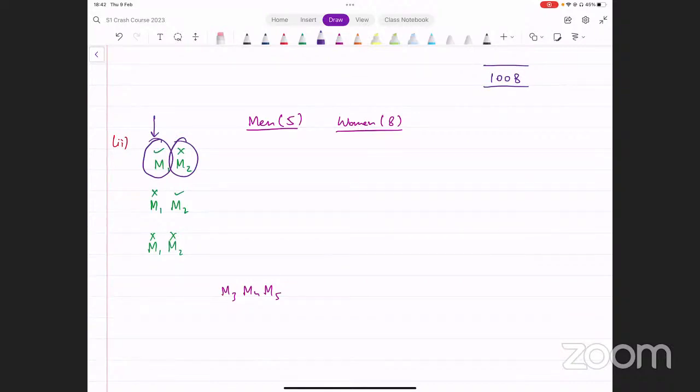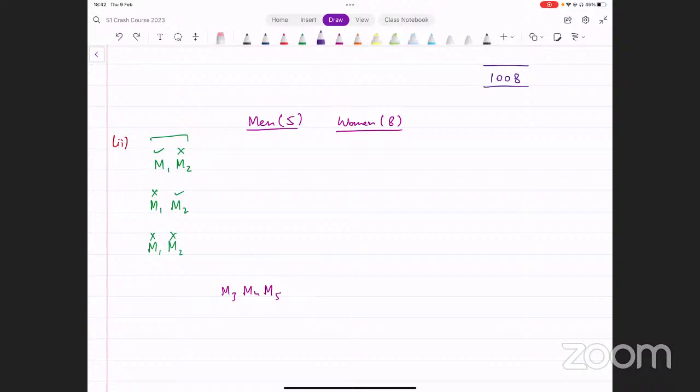They're going to come from these 3 remaining people, because we know that M1 is selected and M2 is not selected. So there's no choice that we have to do for these 2 people now. We have 2 places left in the team after M1 is selected, and those 2 places have to be filled by 2 of these 3 men.